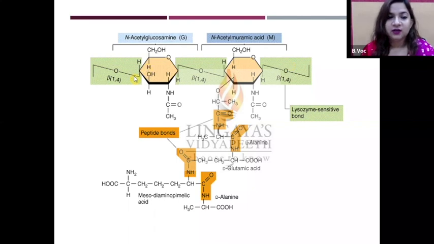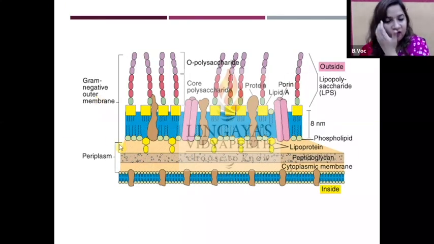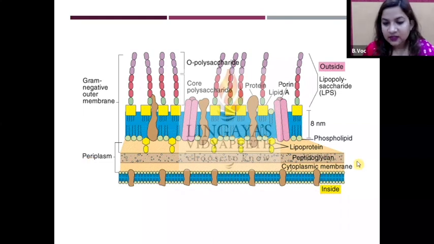So here it is given, the cell wall. All right. So this is the gram-negative membrane, and the periplasm is there. The peptidoglycan layer is there. The cytoplasmic membrane. So what is the basic difference between gram-positive and gram-negative bacteria? Let me tell you.